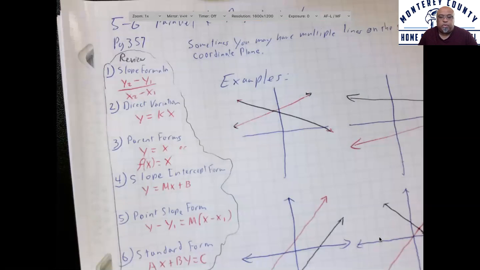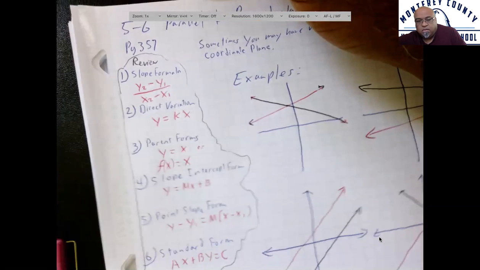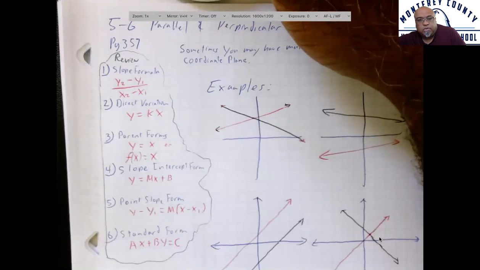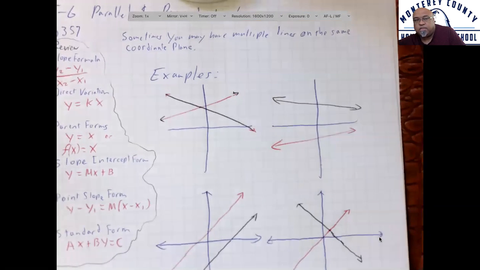Number 5 is the point slope form. Y minus y1 is equal to m times x minus x1. And then the standard form, which you just learned, which is ax plus by equals c. I hope that that's very clear for you. Please have those memorized by the time we take the test.